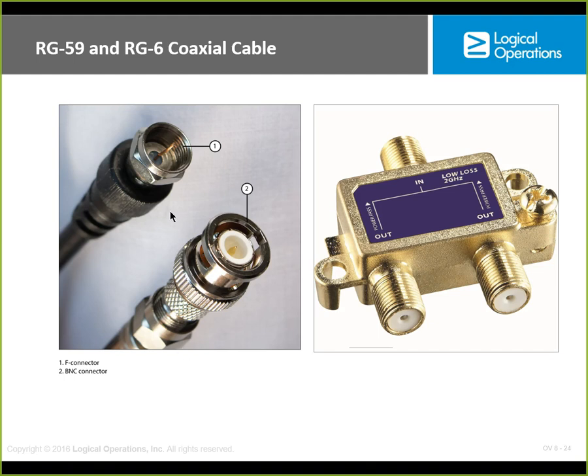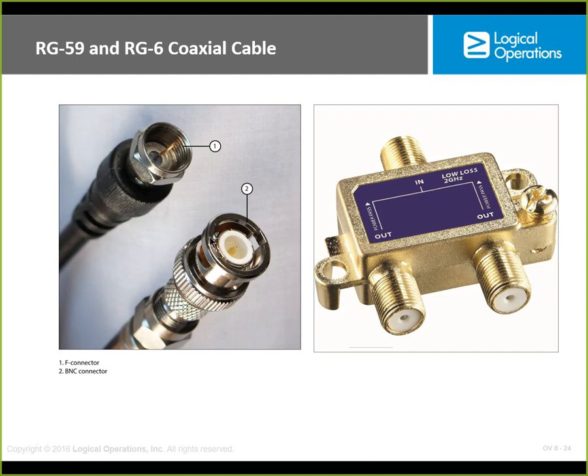The two different types of connectors that they talked about in the objectives are the F connector up here, the one with the threads on it, which would go on a splitter like this one over here. This one allows us to have one input and two outputs.